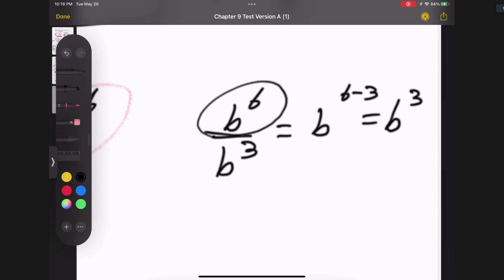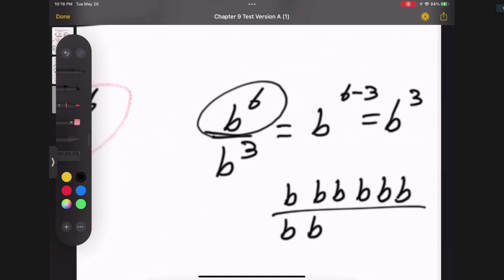3 of them. So if b divided by b is 1, that means, well, how many do I have left? I'm just explaining this as a side comment, so hopefully I just need to do it one time. Doesn't need to happen again. If I have 6 b's at the top and b divided by b is 1, so all of these are 1, 3 of them. How many do I have left? 3.